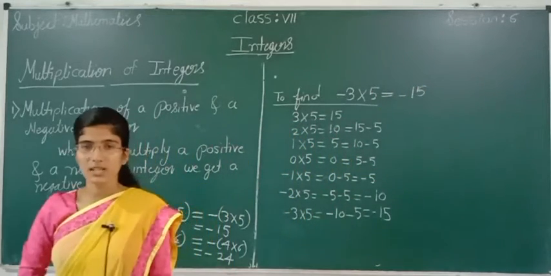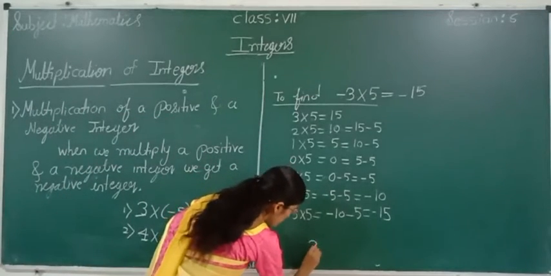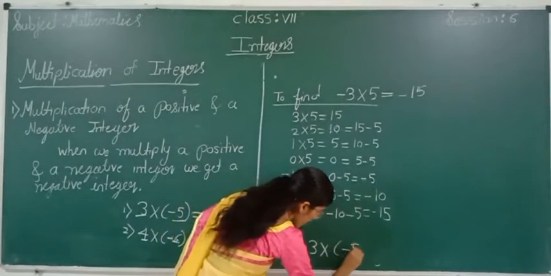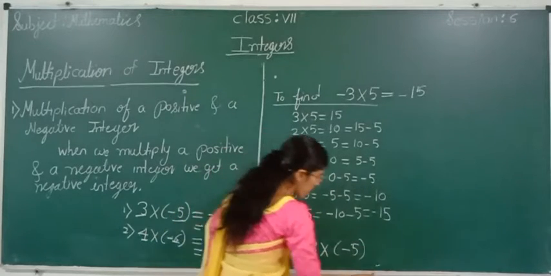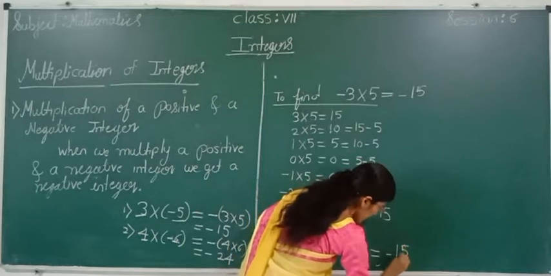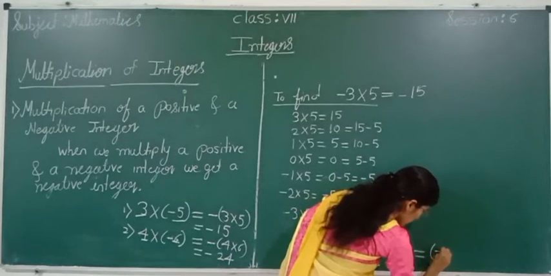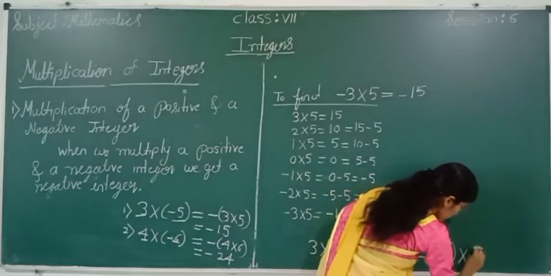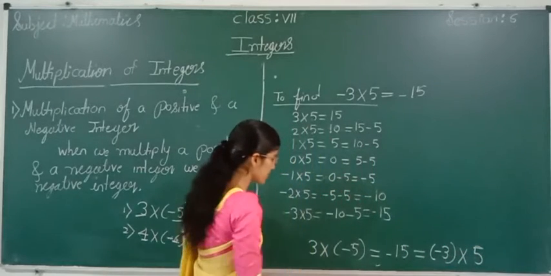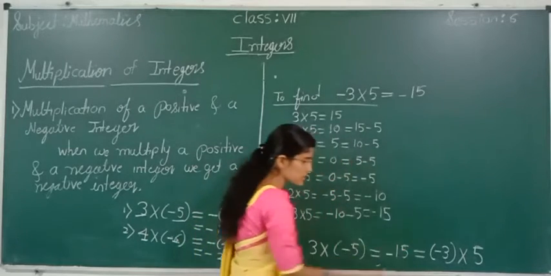We got this answer by using the pattern. Now we can say that 3 into minus 5 is equal to minus 15, which is also equal to minus 3 into 5. When we multiply a positive integer and a negative integer, we get a negative integer only.